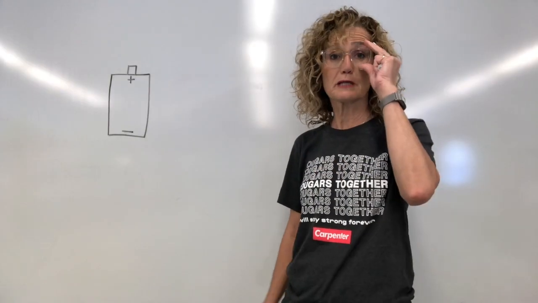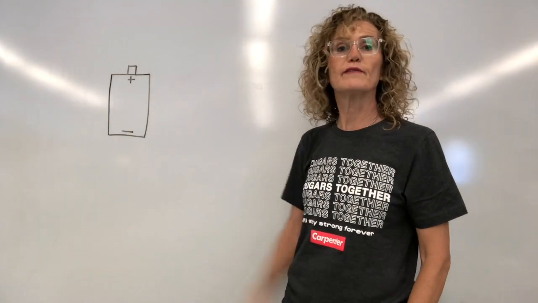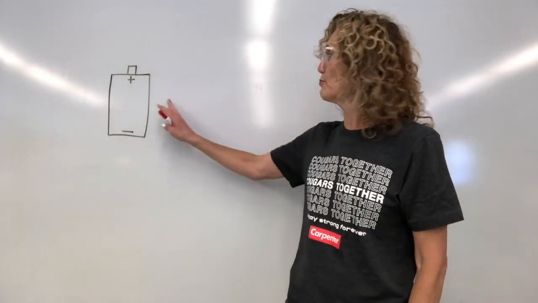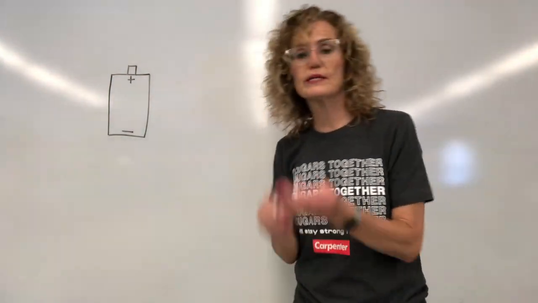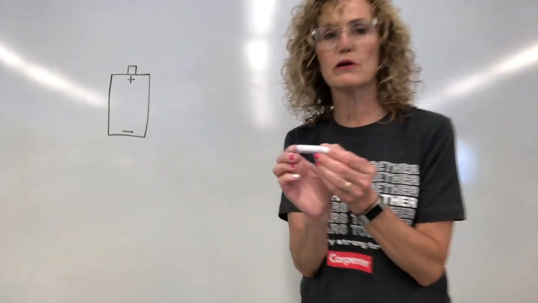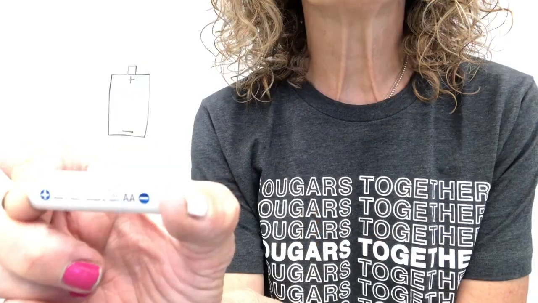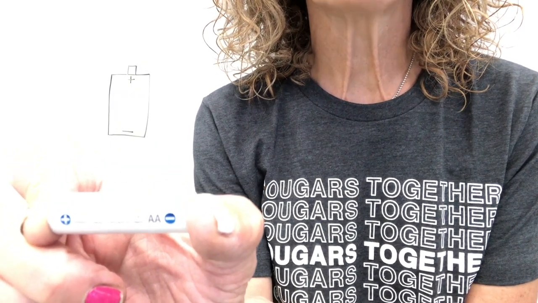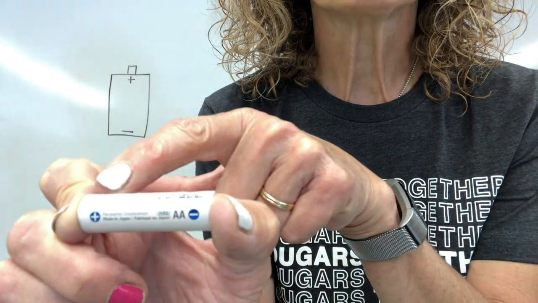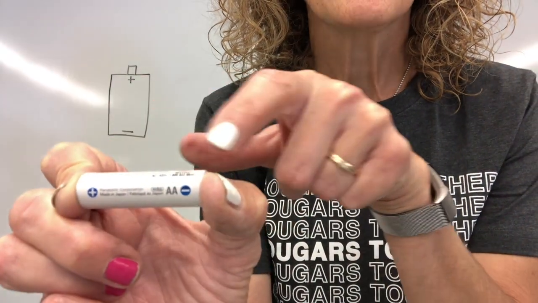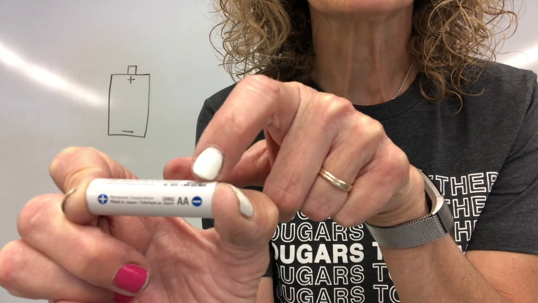Okay, so boys and girls, I have a picture of a battery on the board here, and I want you to notice something. I have a battery here in my hands, and I want to see if you can notice something about the battery. Do you see on this battery, here is a plus sign, and here is a negative sign.